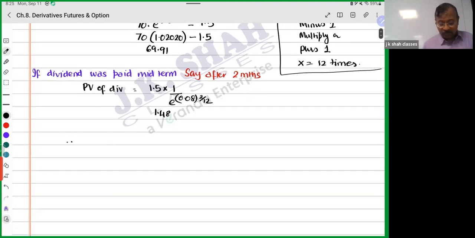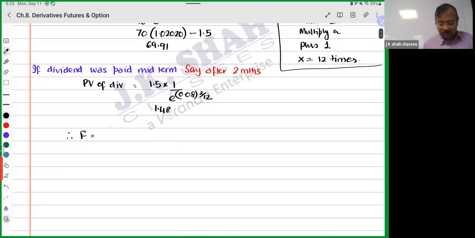Therefore, futures is equal to spot minus 1.48, that's PV of dividend, into e raised to 0.08 times 3 by 12. Right?